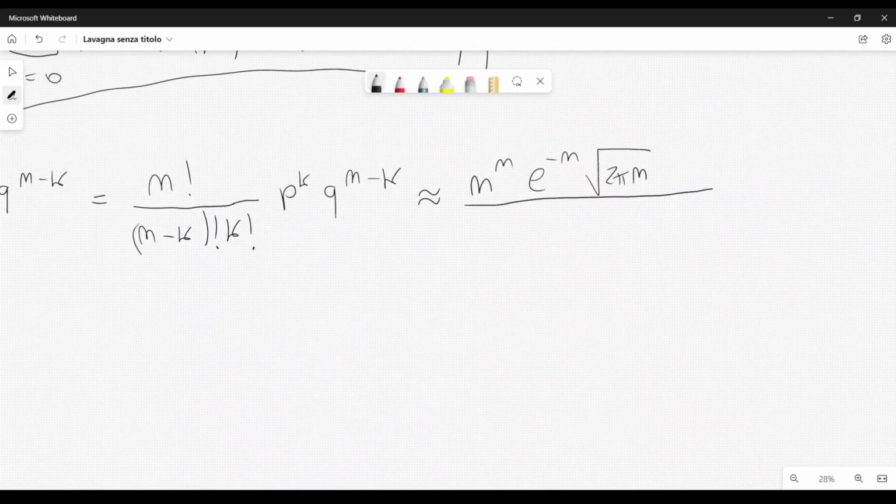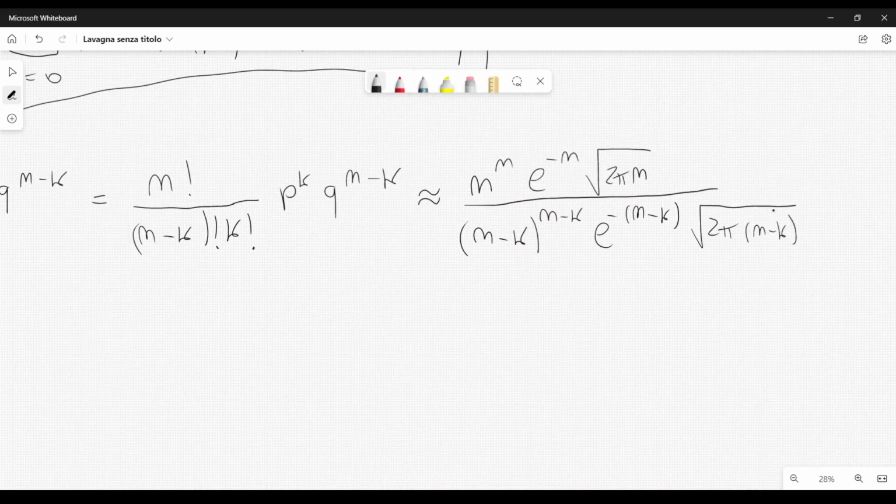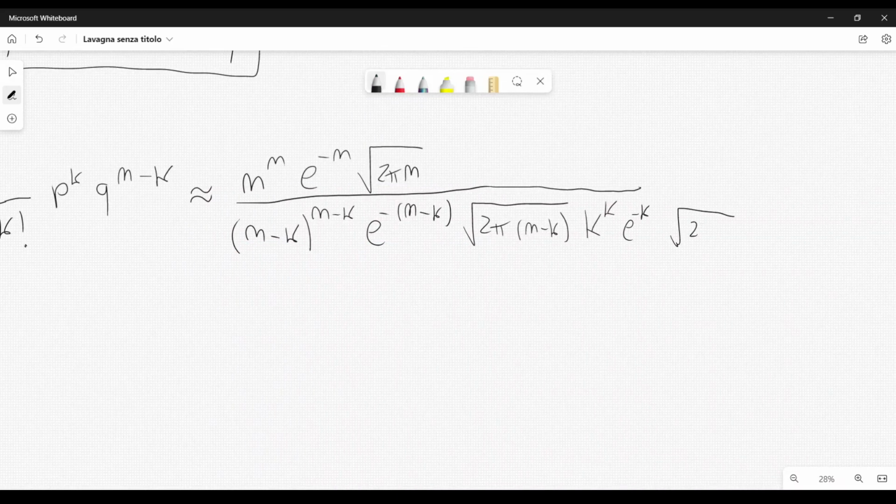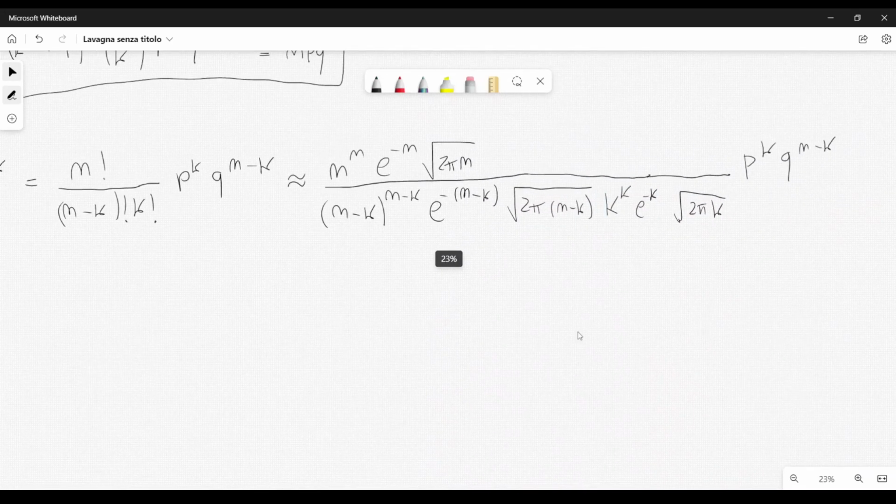So when I divide, here I have n minus k raised to the power n minus k, e to the minus n minus k, and then I have the square root of 2 pi times n minus k, and then I have k factorial, which is k to the k, e to the minus k, square root of 2 pi k, and then this multiplies p to the k, q to the n minus k. Now let's rewrite this more concisely.